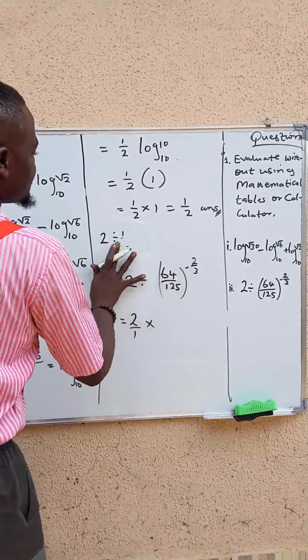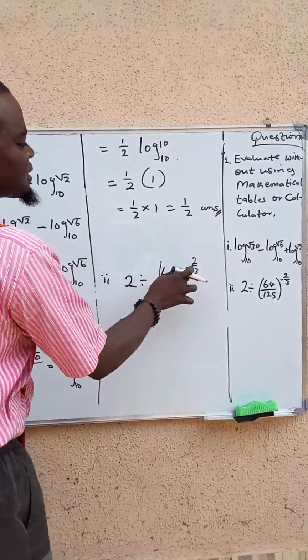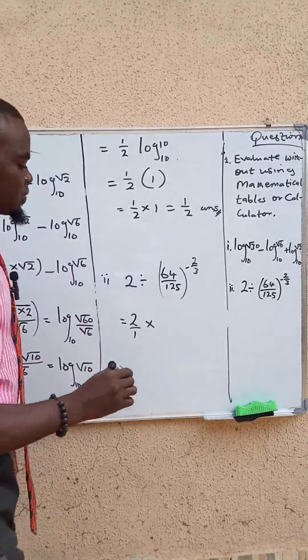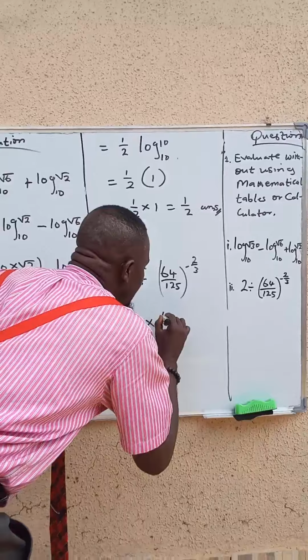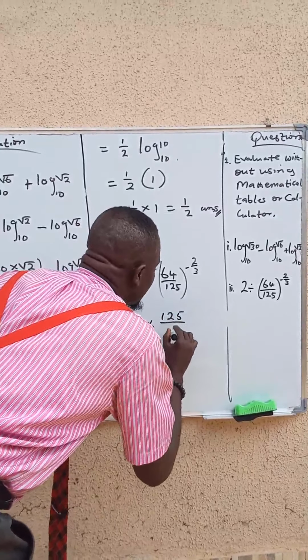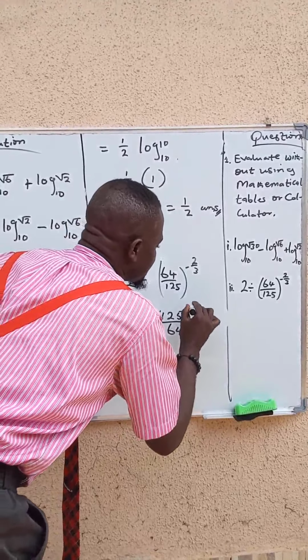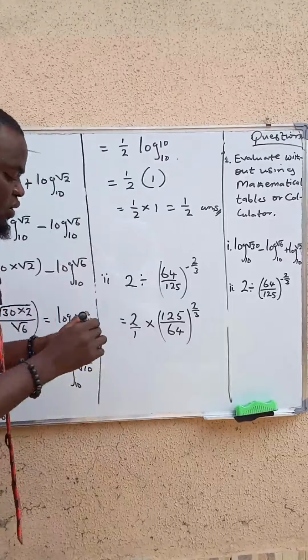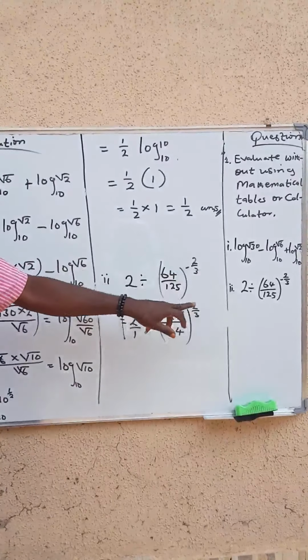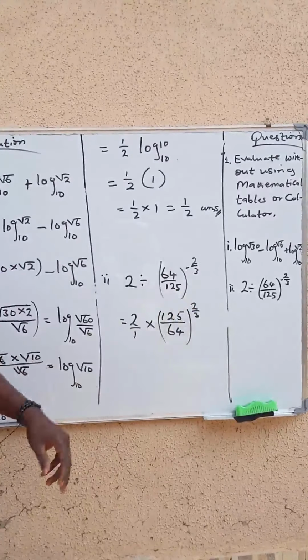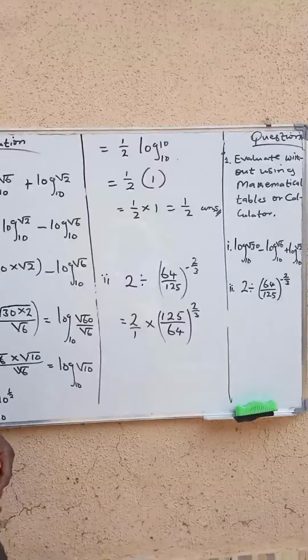This one will go up, this one will come down. So I'll do the same thing here, which will now change the sign of the power. So this will now be 125 over 64 raised to the power of 2 over 3. Somebody will ask me what happened to this? That is the reciprocal. It also affected that minus.